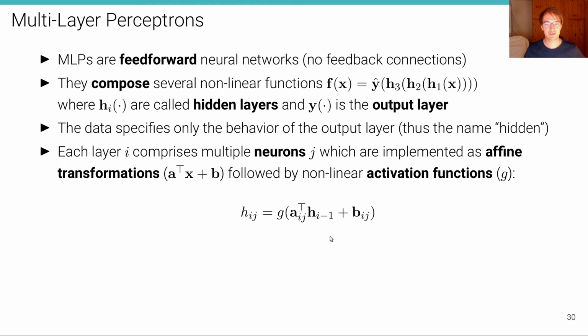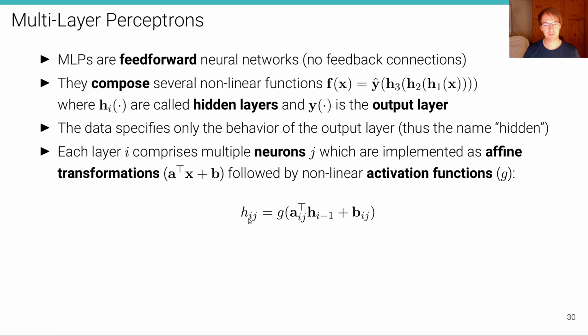So here's the generic expression, right? In contrast to what we've seen before, in this case now we have multiple neurons, multiple units. They're called neurons because of their neuroscientific motivation. But really they're just these affine plus nonlinear activation function expressions.